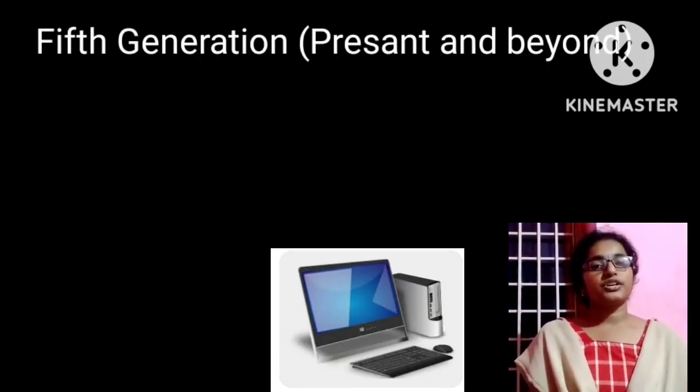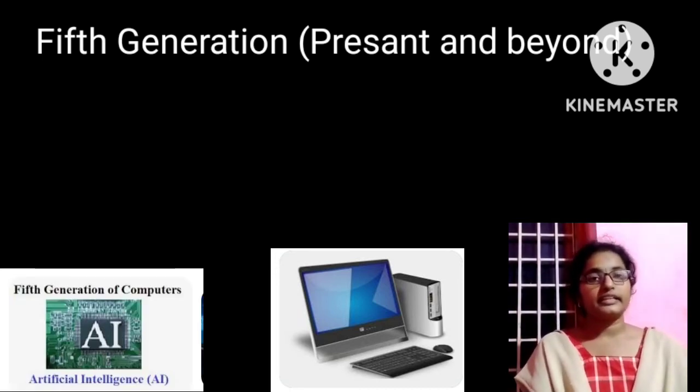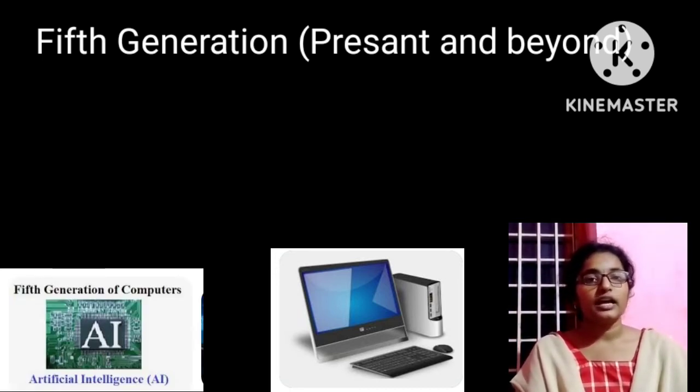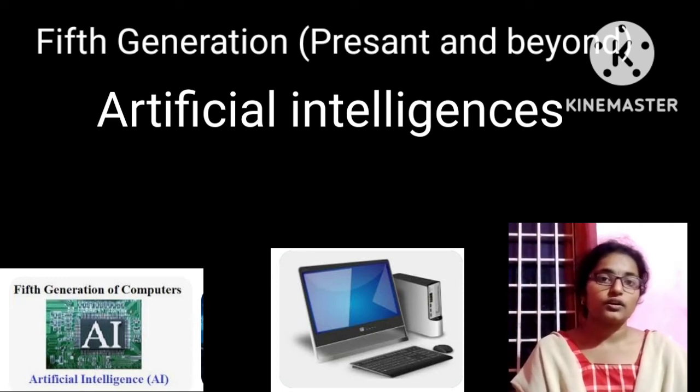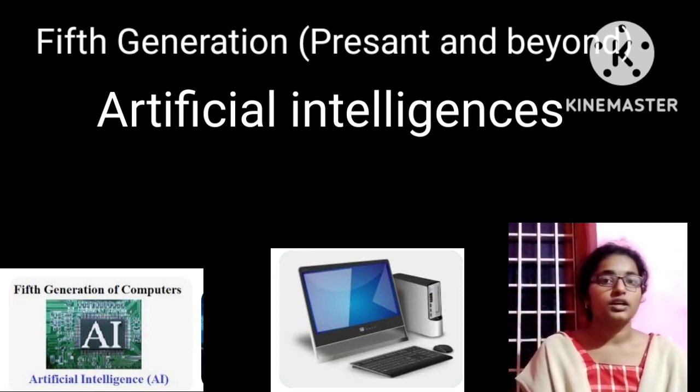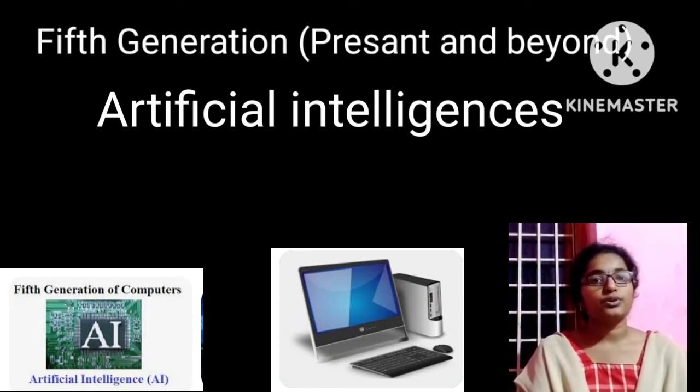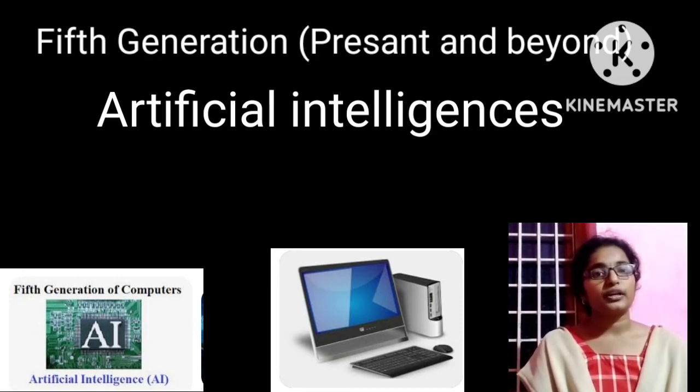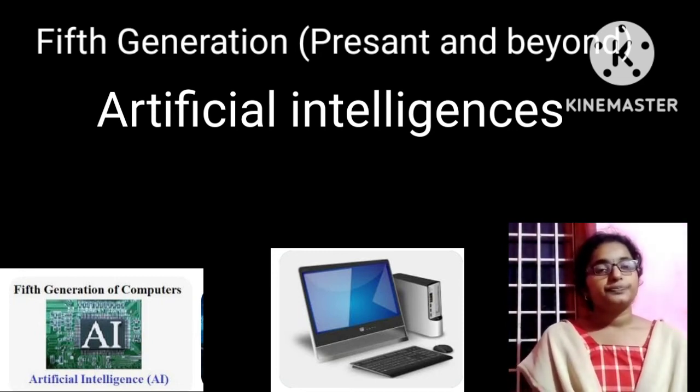Let's talk about fifth generation computers, present and beyond, artificial intelligence. Fifth generation computers are based on artificial intelligence. AI is used for gaming, expert systems, neural networks and robotics.